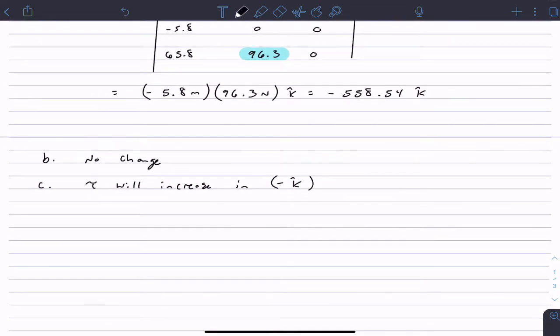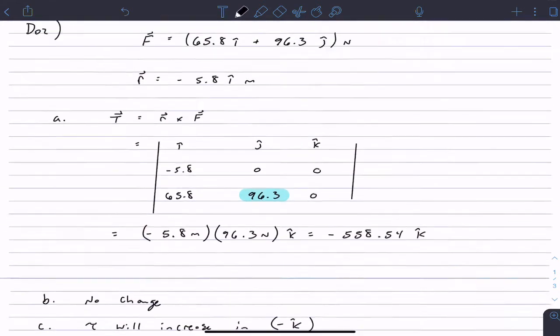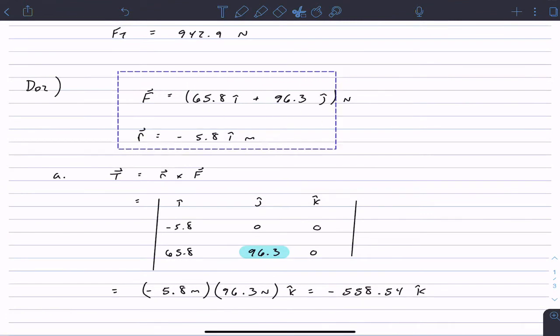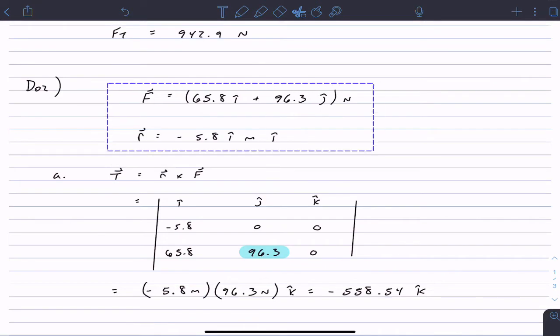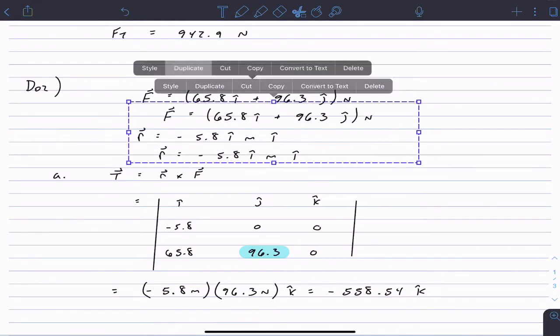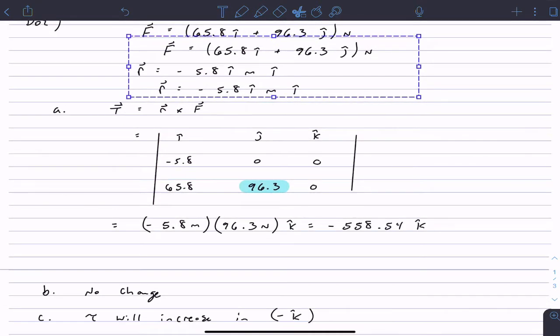And then number 18 is very similar. We are given the exact same force. I'll just take this. Oh, I forgot to write down the k hat. Excuse me, i hat was here. So anyway, I'm going to take these, copy them, bring them down.